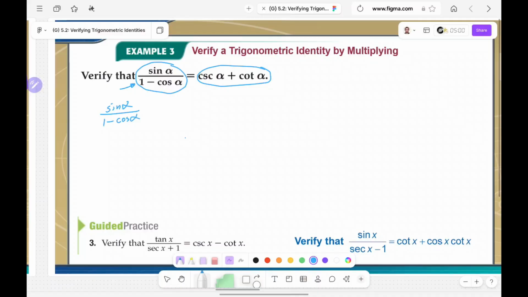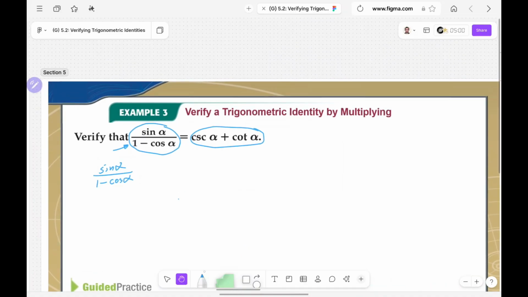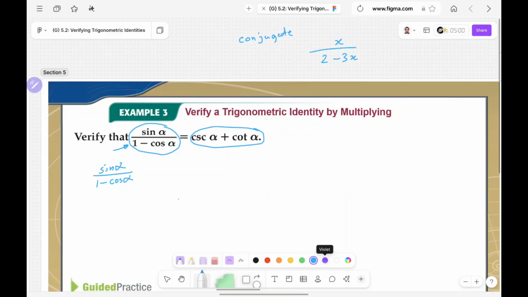Let's start solving. Now, if you remember, I explained before something called the conjugate. Do you know the meaning of the conjugate? Conjugate means when you have anything over, for example, 2 minus 3x, how can we solve this one?